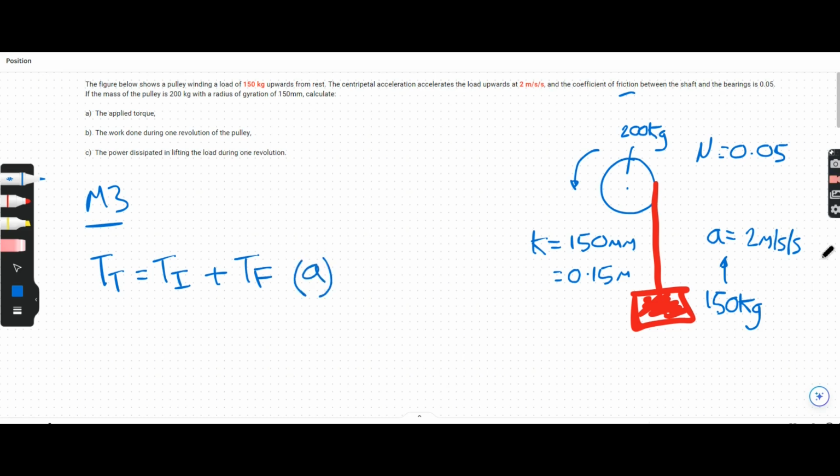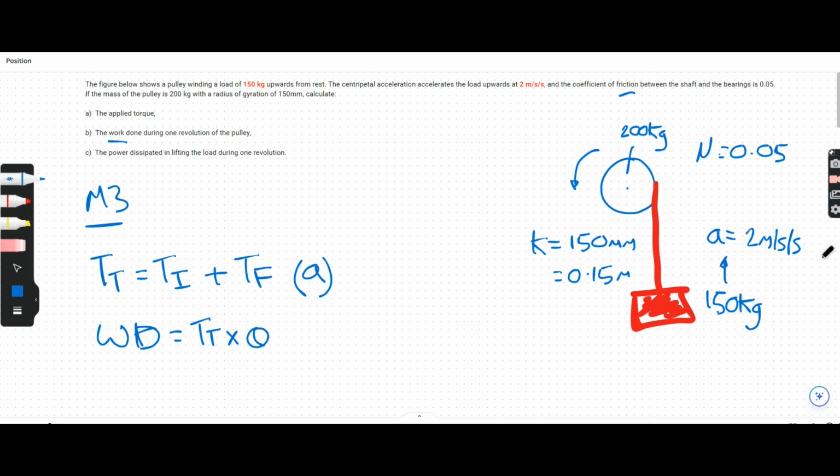And then we've got part B, we've got to find the work done. Work done in 1 revolution. That's quite easy to do. So work done, put a D there, is just going to be total torque times the angular distance.